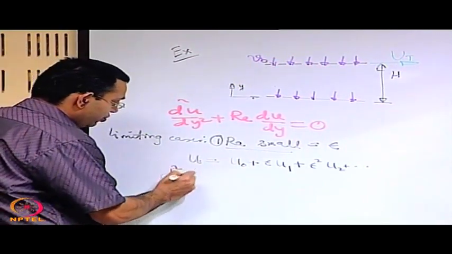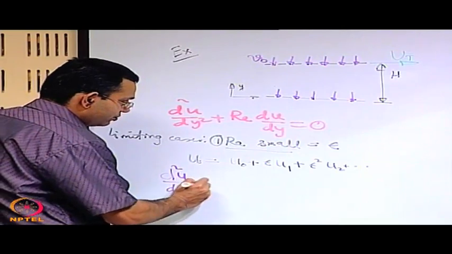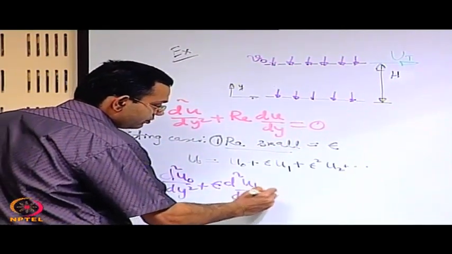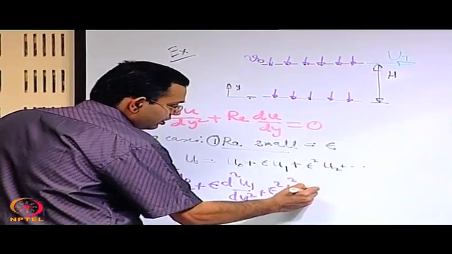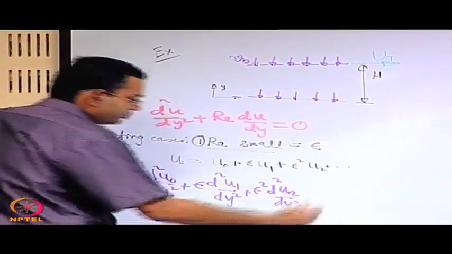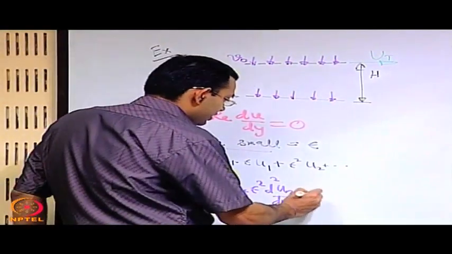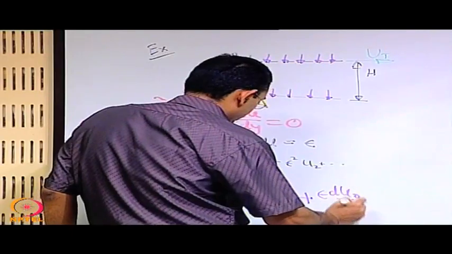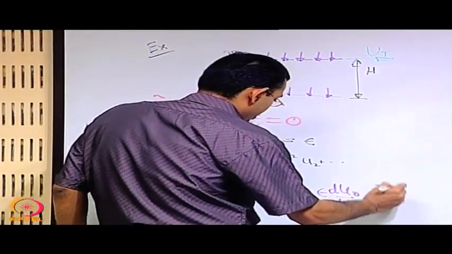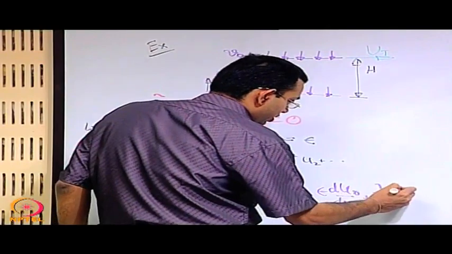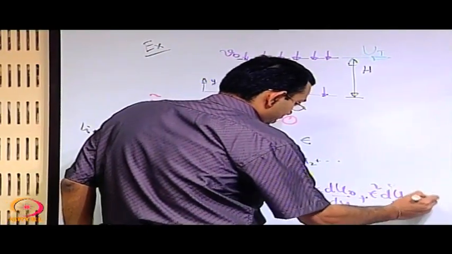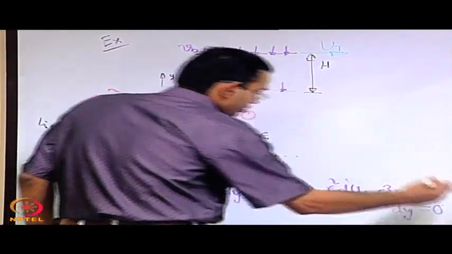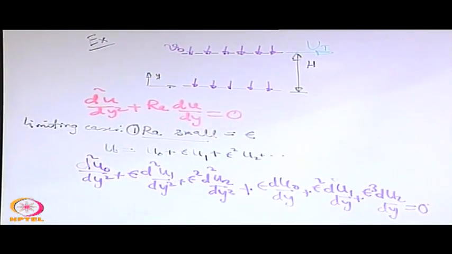So what you have is d2 u0 dy2 plus epsilon d2 u1 dy2 plus epsilon square d2 u2 dy2 plus epsilon d u0 dy plus epsilon square d u1 dy plus epsilon cube d u2 dy, that is equal to 0, right.